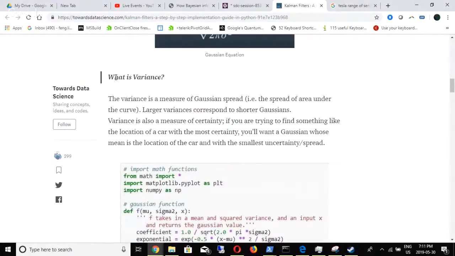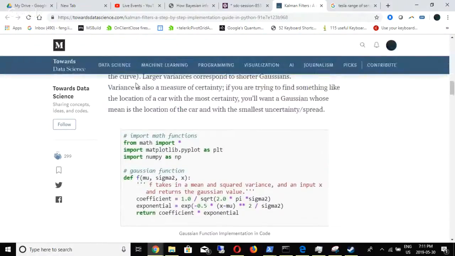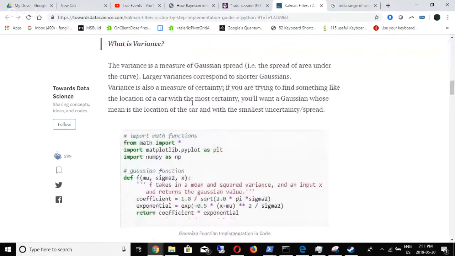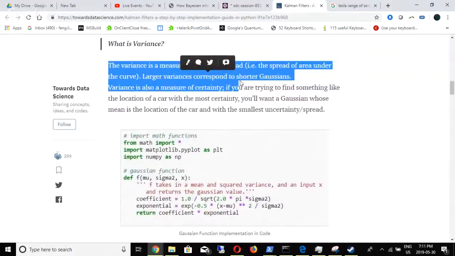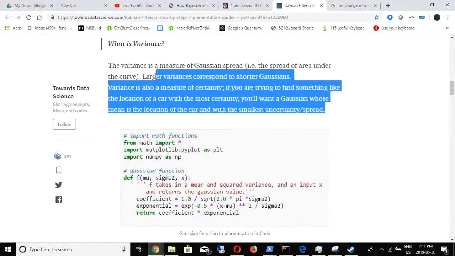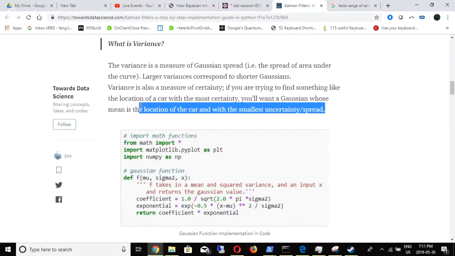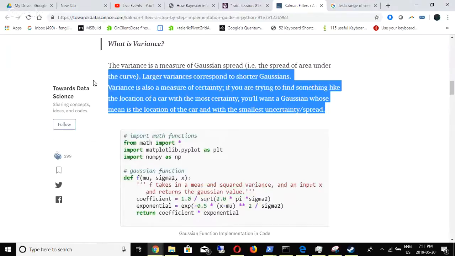All right, so what's the variance? Variance is the Gaussian spread. A larger variance means a shorter Gaussian. So if you try this out, if you have a larger variance, the center of the Gaussian will be shorter.